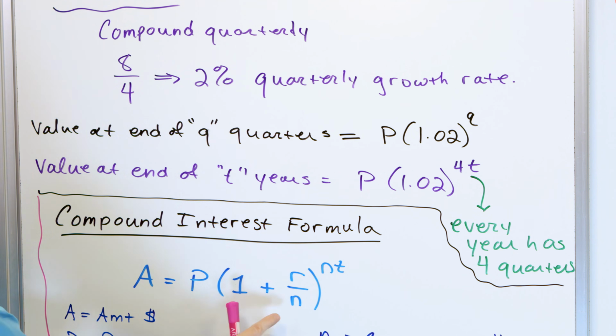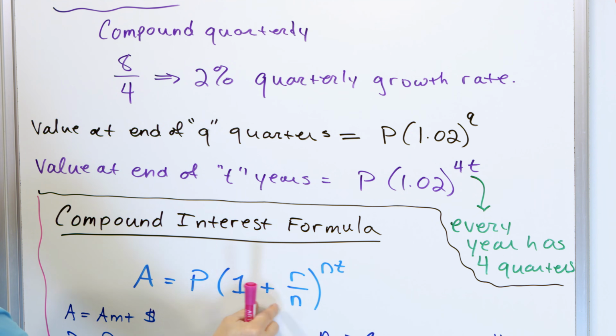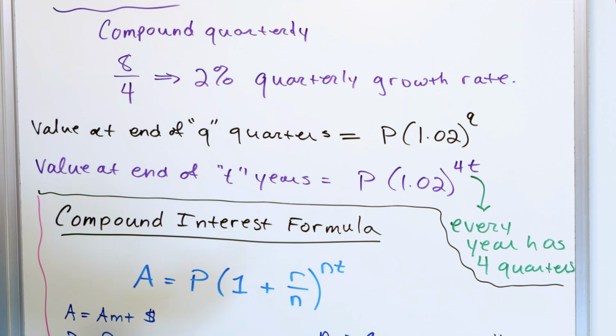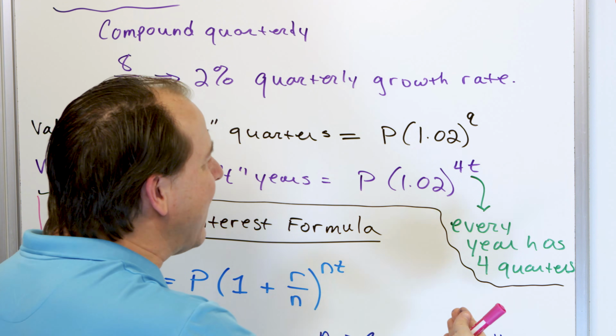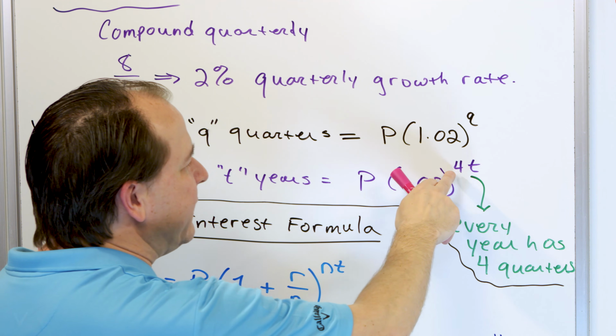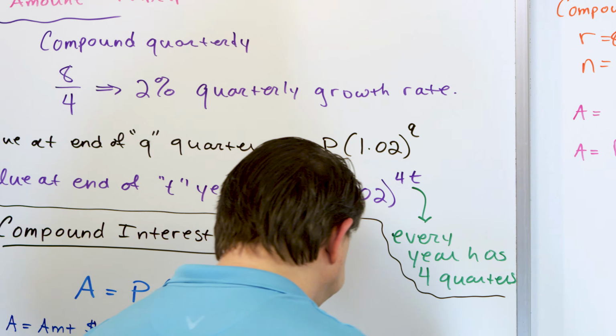So this division here is telling you what this quarterly growth rate is. Then I'm adding that here to get the new multiplier factor, the 1.02 in this example. And then the exponent is telling me how many compounding periods I have. If I'm putting years in and I'm doing it quarterly, then I'm going to have 4 compounding periods. So it has to be raised to the power of 4.